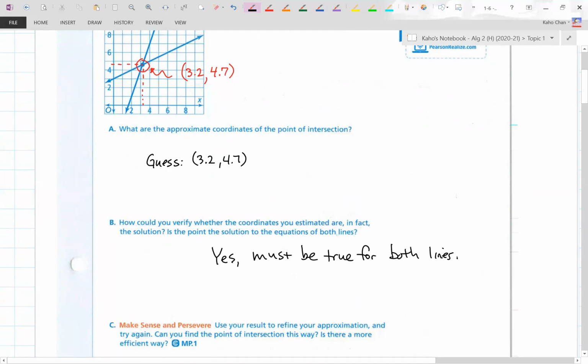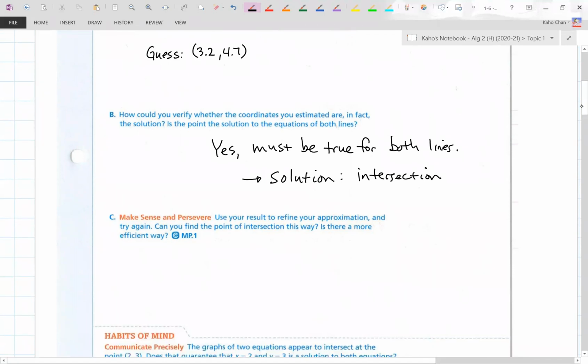And that solution is the intersection. Okay, I'm going to skip the next question, but I'll answer the next question at the bottom.